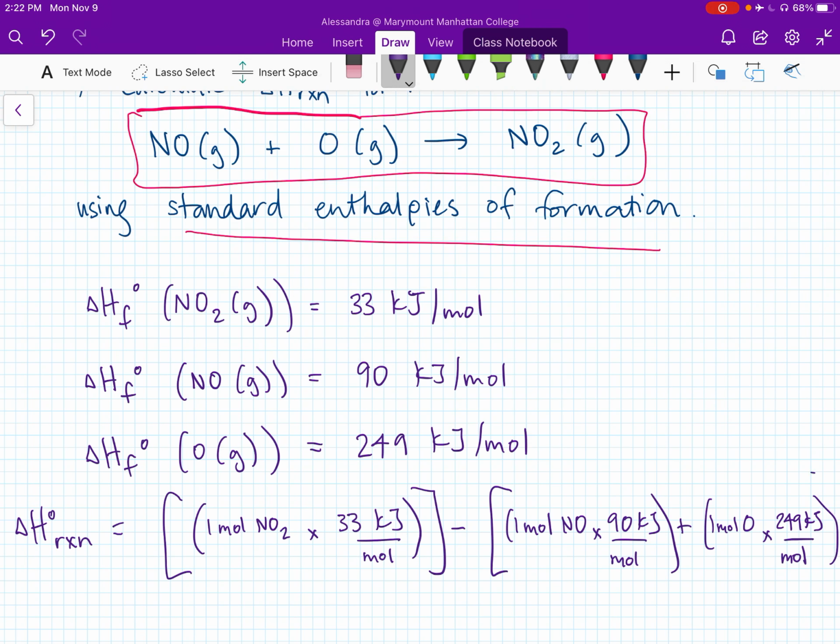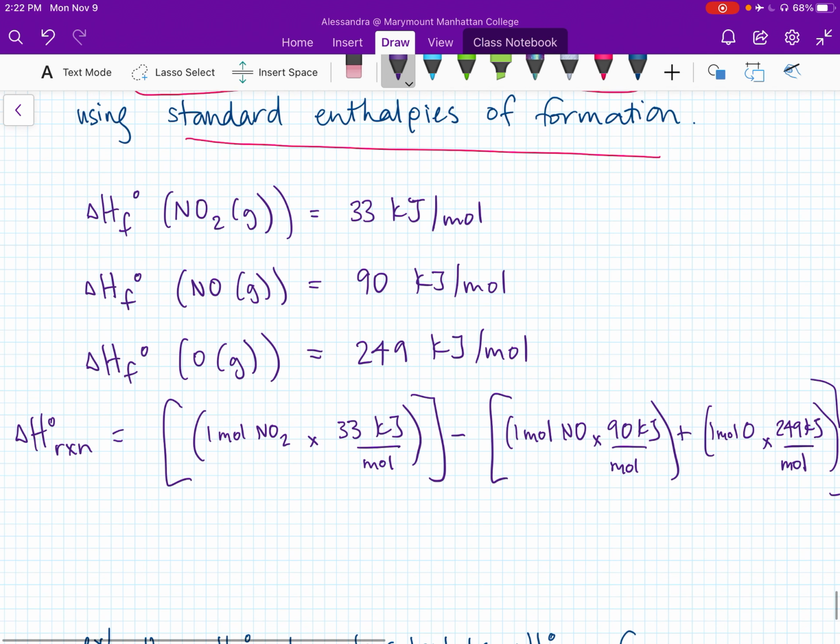All right, so if I do all of that arithmetic, make sure you obey the order of operations. Here it's not tremendously important. Then I should get about minus 304 kilojoules.